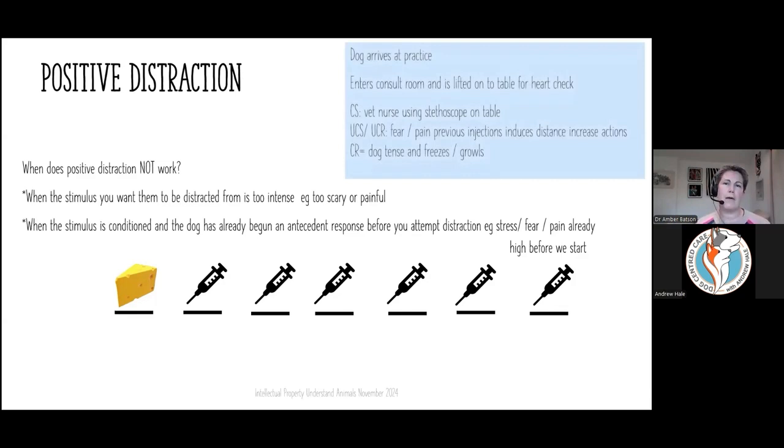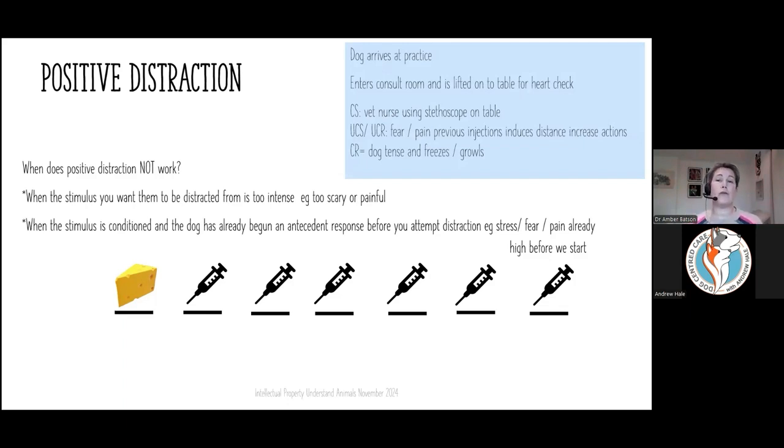So, an example may well be dog arrives at the practice, they come into the consult room, we lift them up onto the table. For them, they have already learnt that a member of staff holding a stethoscope whilst they're on the table is a predictor for the thing that follows.